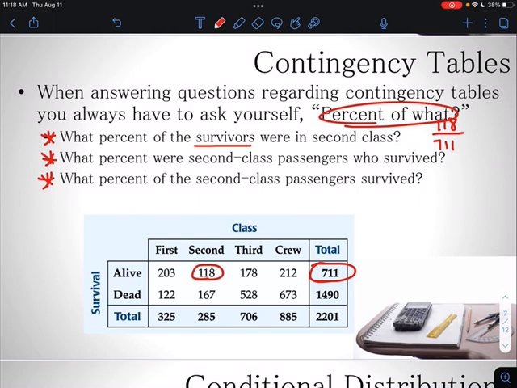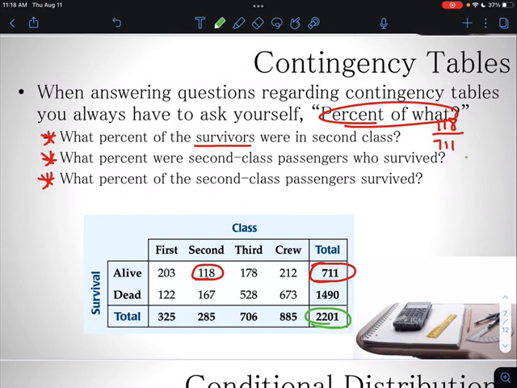Now if I go to the second question, it says what percent were second class passengers who survived? Now this one's a little bit different because when I look at this what percent of who, they didn't establish a given condition. They just said what percent. So what percent of individuals were second class passengers who survived? What that tells me then is I'm now looking at the total number of passengers.